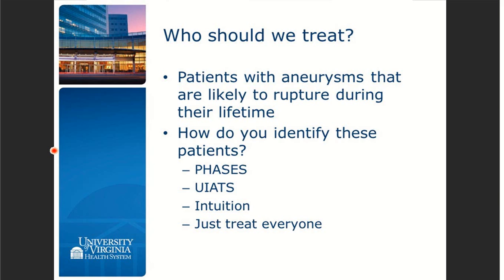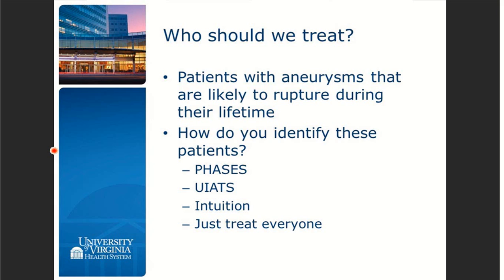Now, Chris, do you use any of these scales that have been published? I tend not to because, like many of the other studies, there's not a one-size-fits-all scale for patients.